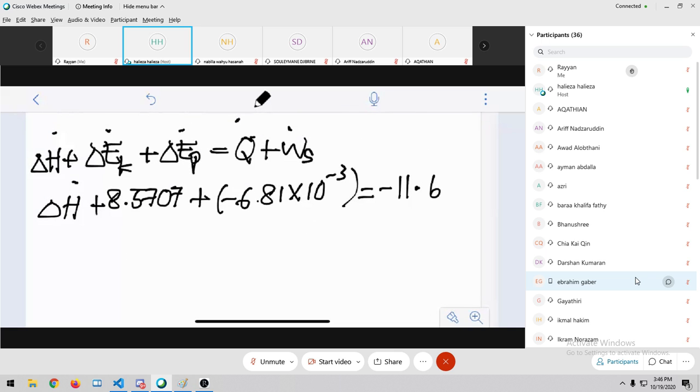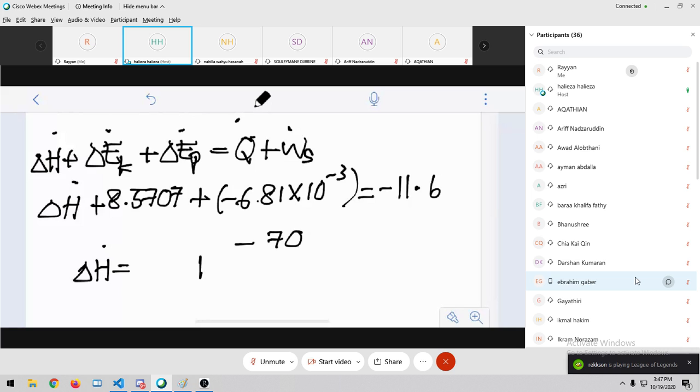That's negative 70, isn't it? Yes. Okay, so now solve for your enthalpy. The units are all the same, all in kilowatt, so I'm not going to write the unit.